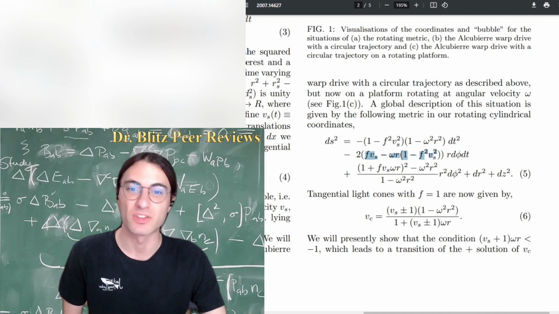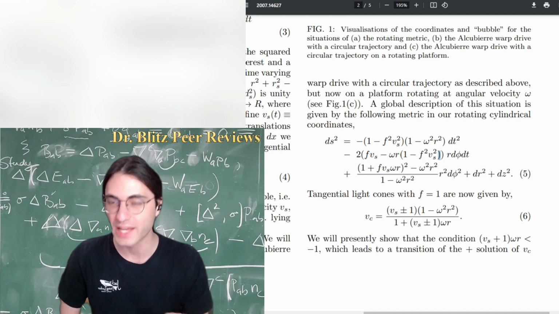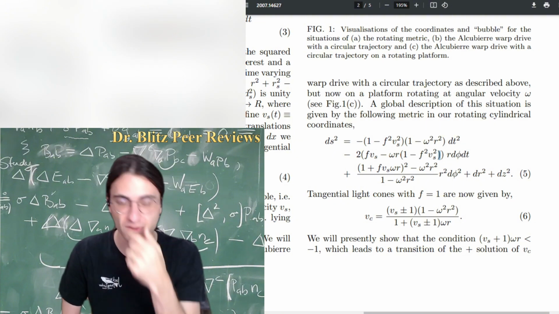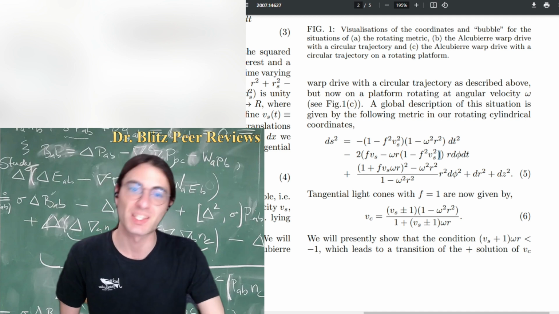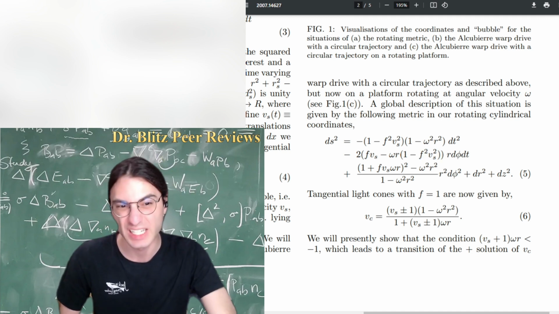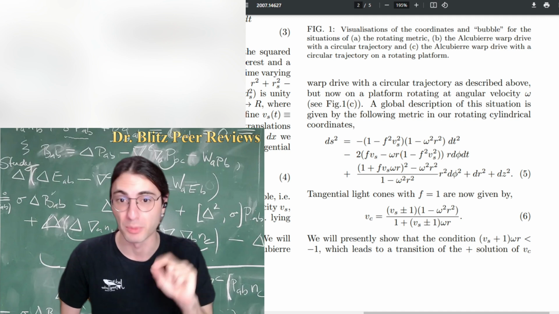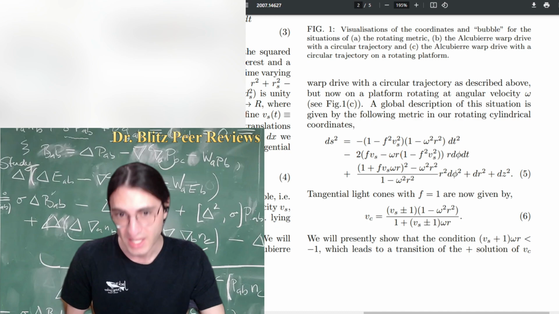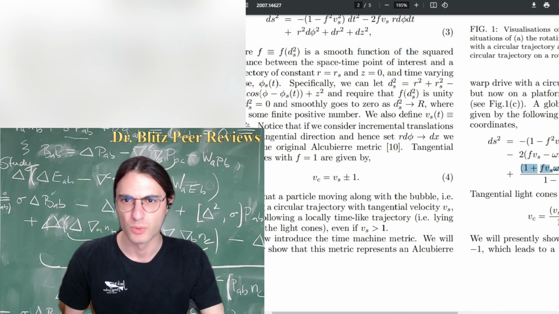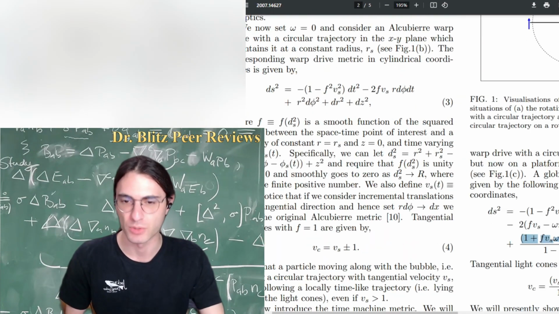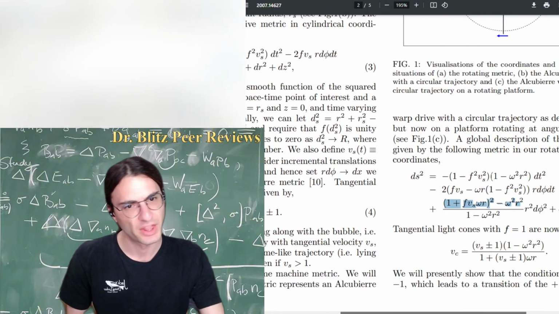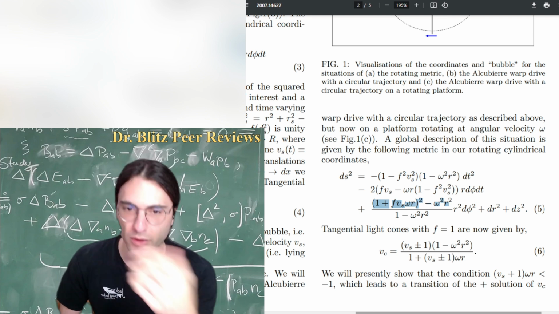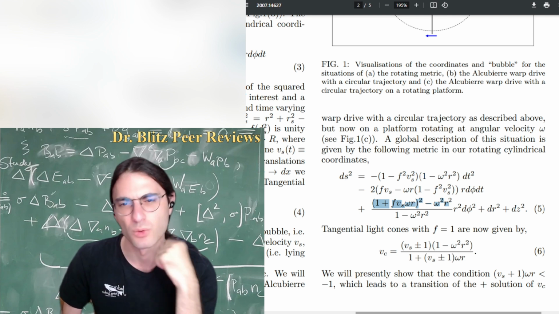If, on the other hand, f is not 0, then your angle is going to increase faster because you're rotating, by an amount that's related to the speed that your warp bubble is moving at, and the speed of the rotating coordinate system. Then there's this extra term here, which doesn't show up in either term, which is interesting. That I'm confused by. However, if omega is 0, then it does reduce to the original one. So why is this term here?